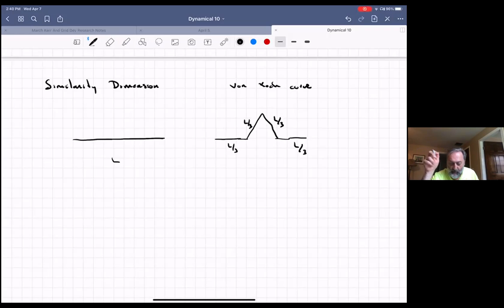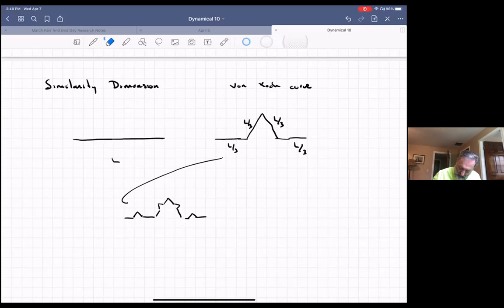Good? And then you go to each one of these sides and you play the same game. So now you go this way, that way, that way, that way. Oh, I kind of see. Okay.